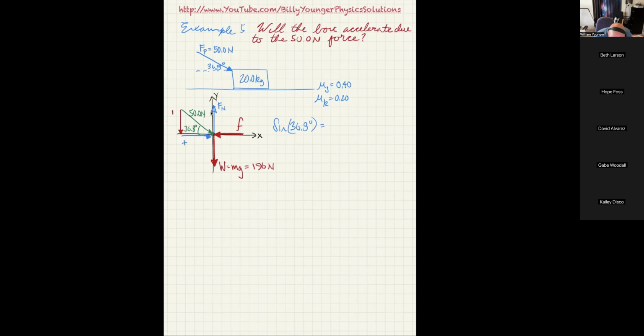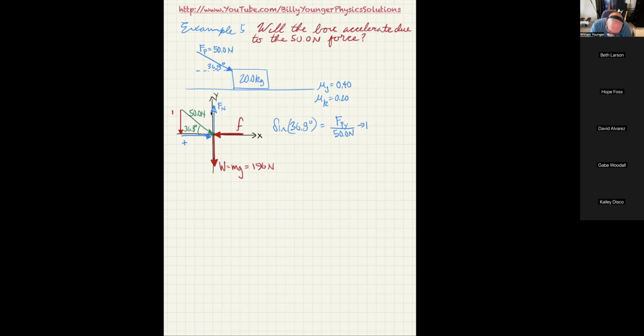And I'll write it this way and write vertically downward because I just can't fit it in that space. But the sine is opposite over hypotenuse, so that is FP sub y over the hypotenuse, which is 50.0 newtons. And of course, since I chose 50.0 newtons, I know that the 3, 4, 5 triangle predicts that the 36.8 degree angle should be opposite the 3, or in this case, the 30 newton side.